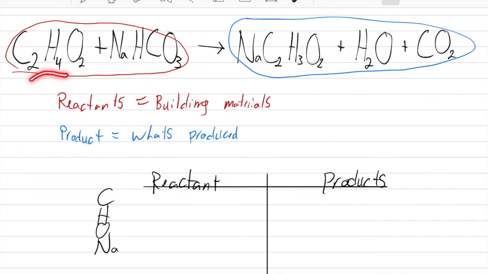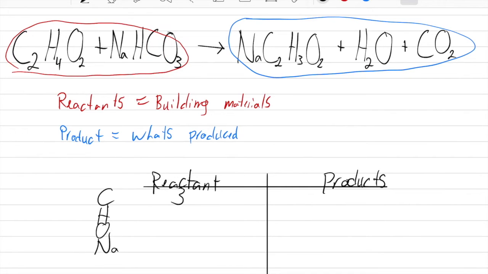So if we focus over here on our reactants, let's start here with vinegar. Looking at vinegar, how much carbon is there? Well, there's two carbon atoms in the vinegar molecule. But that's not all there is within the reactants. There's also our baking soda, and within baking soda we have one carbon atom for a total of 3 carbon atoms in our reactants.